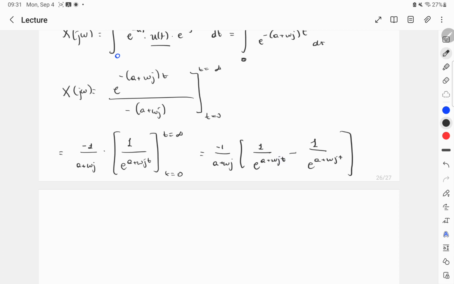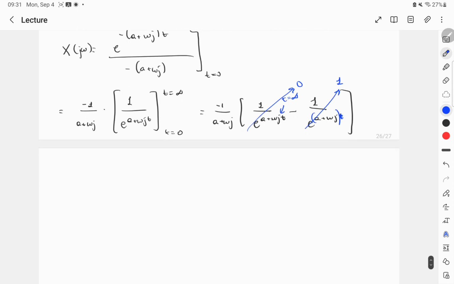Here, if we write in this one t equals infinity, it will give us 0, right? This one will go to 0. And here, if we write 0, then if we multiply it, it will give us 1, right?